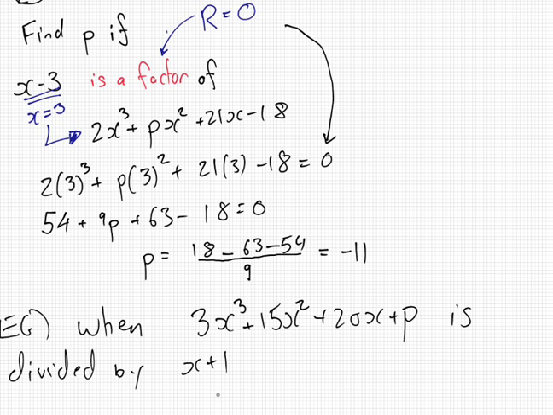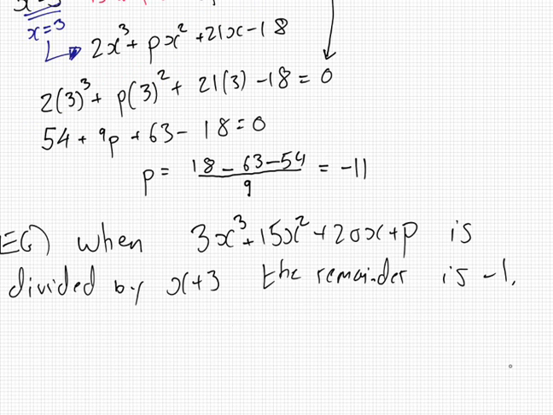Sorry, I don't want to mix them up. Oh, sorry, x plus 3. 3x cubed plus 15x squared plus 20x plus p is divided by x plus 3. The remainder is minus 1. Okay, so same deal here. I want you to find p for me.